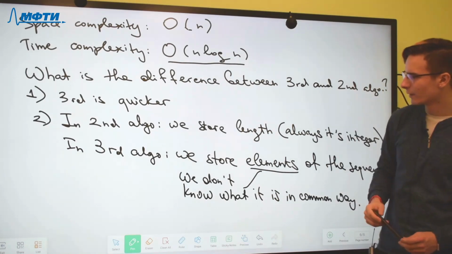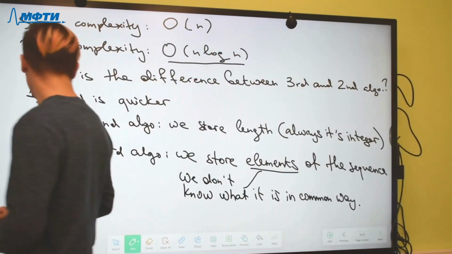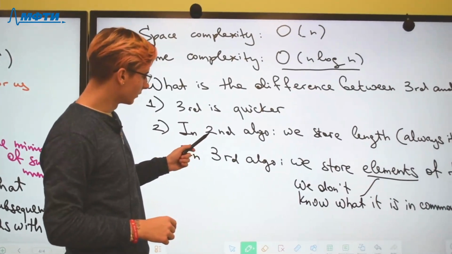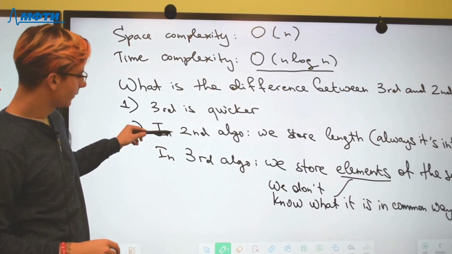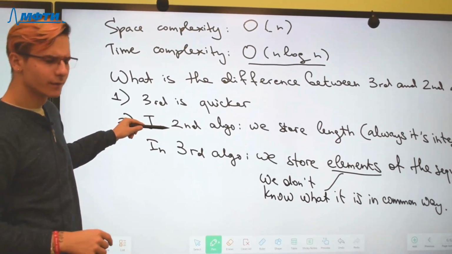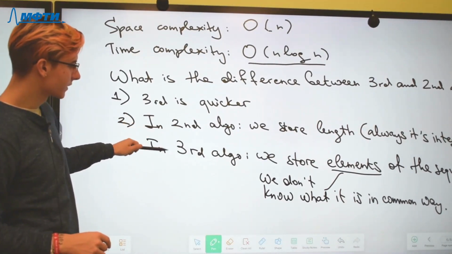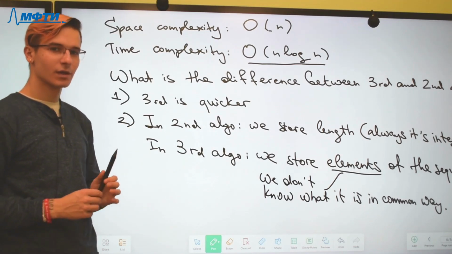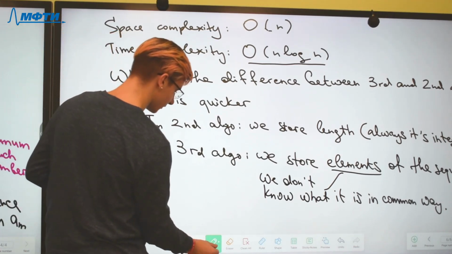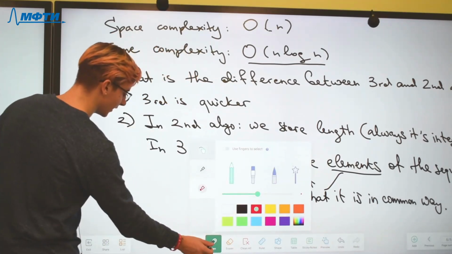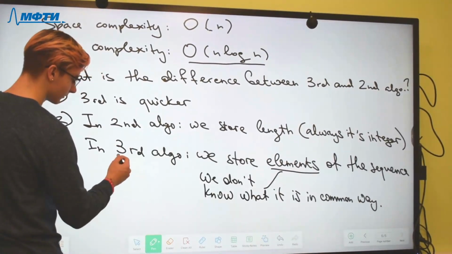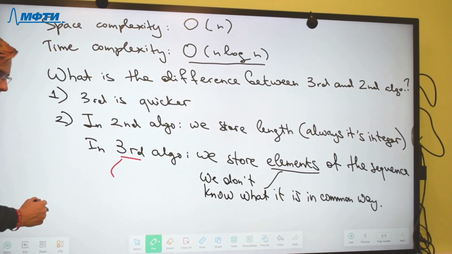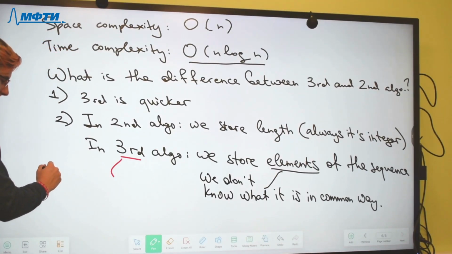I think it is an advantage of the second algorithm, that is a disadvantage of the third algorithm. But of course, I think we will try to add it to the homework, but you can think about it.